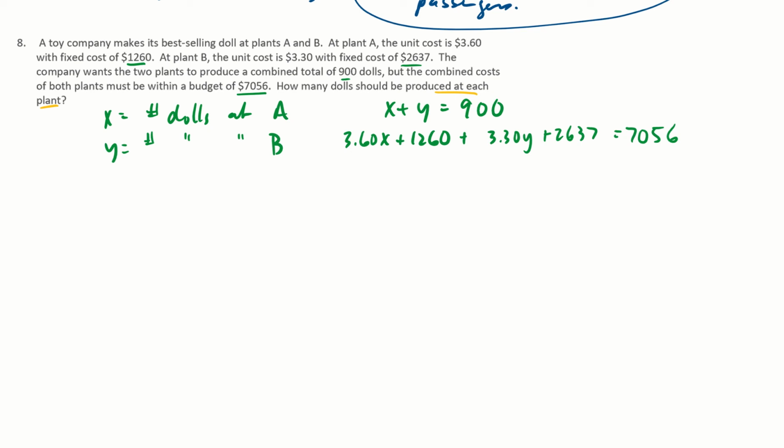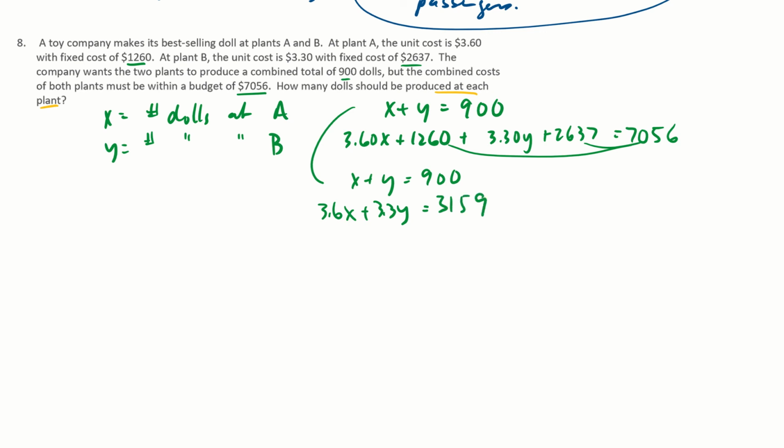And I can actually simplify this, and I'll write this as x plus y equals 900, and then I got 3.6 x plus 3.3 y equals, and if I bring these over to the other side, you get 3159, and so that's this matrix.